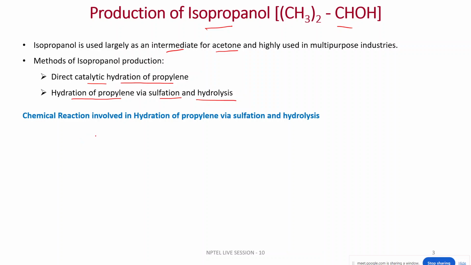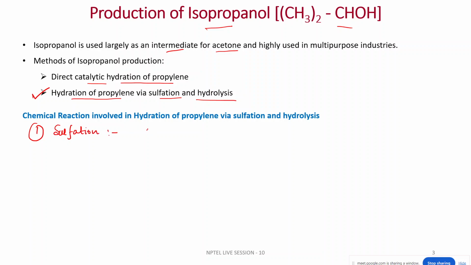So we will be discussing this process. Now we will look at the chemical reactions involved in the hydration of propylene via the sulfation and hydrolysis process. First, the first step that occurs is the sulfation process.